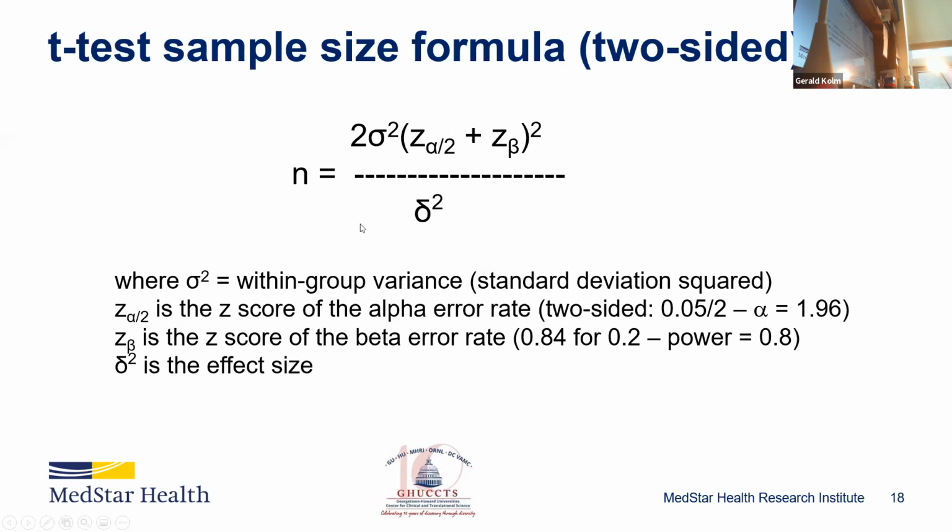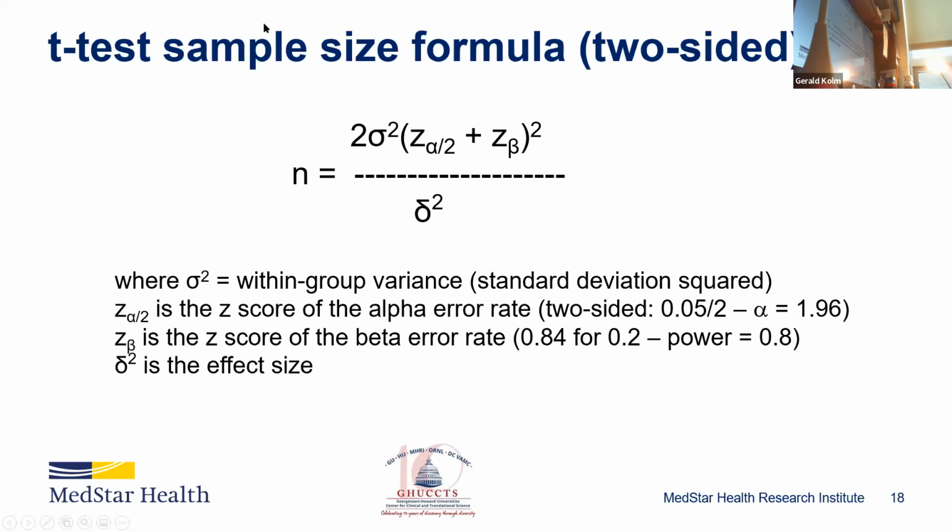So the z score for a two-sided alpha at 0.05 is equal to about 2, or 1.96. The z score for the beta error rate is 0.84 for a beta error rate of 0.2, or a power of 0.8. And then the delta squared here is the effect size. In this case, it is the difference in means that you would want to see between the two groups.